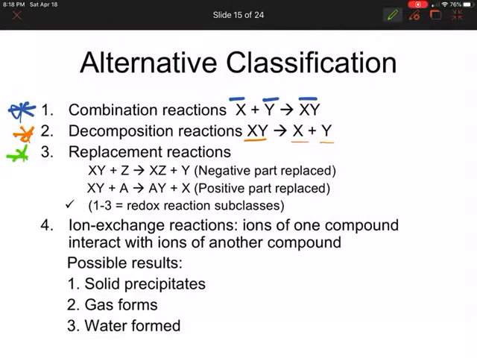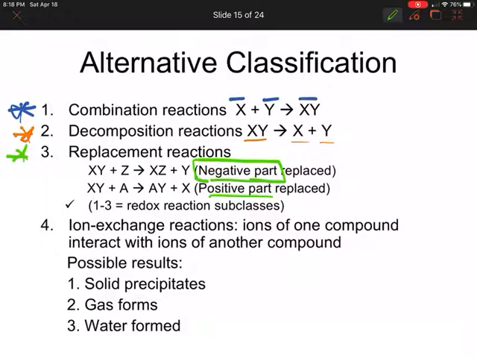This is what I call the home wrecker. So you've got the negative part or the positive part. Just remember that whenever you have a compound, typically the metal was always in the front, and then the non-metal was in the back. So this is saying that the negative part, which would be the non-metal, is being replaced.